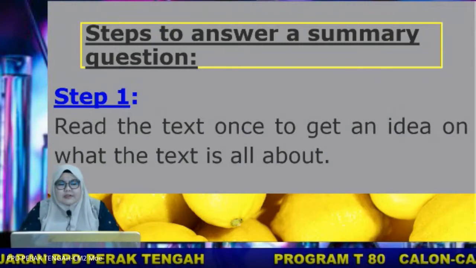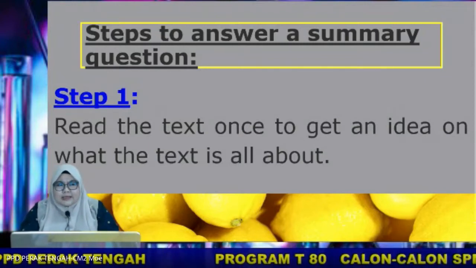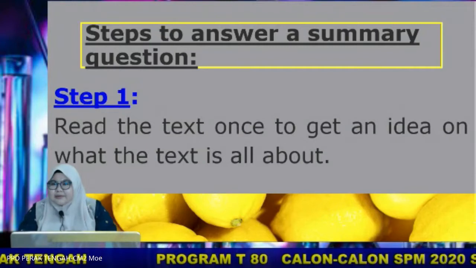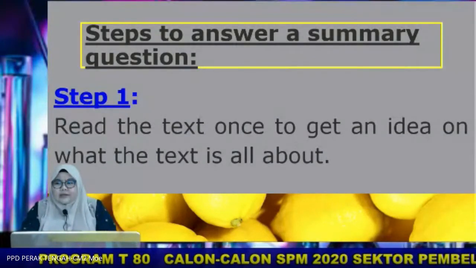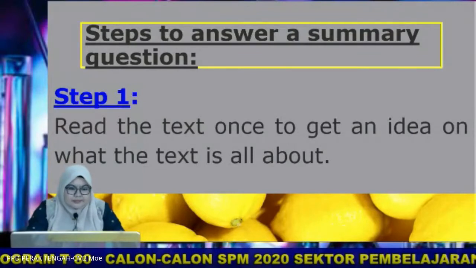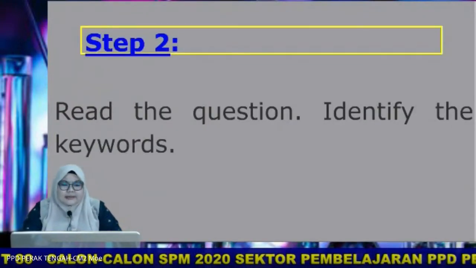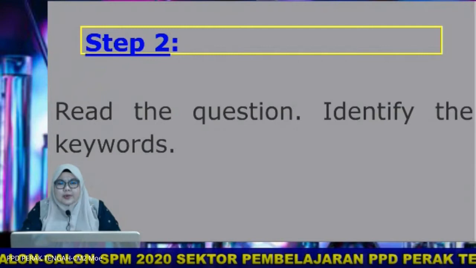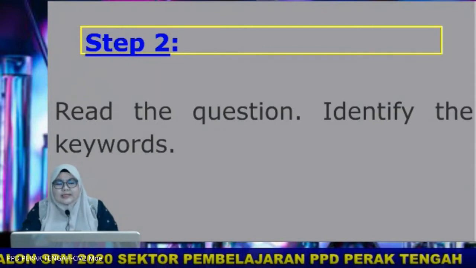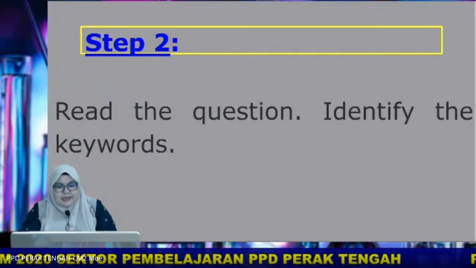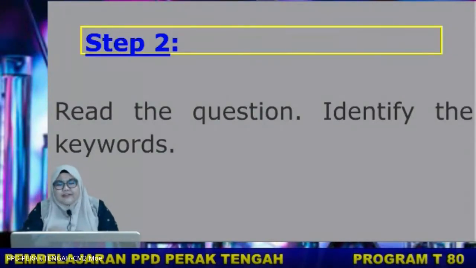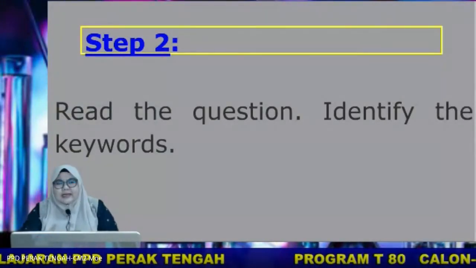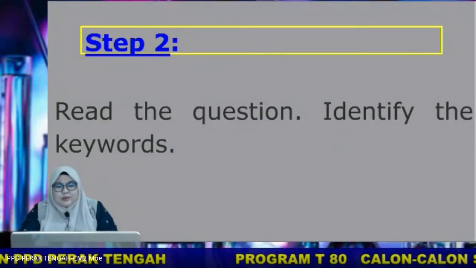It is very important for you to read to get a clear picture of what the text is about. That is step 1. And then, step 2. Read the question. What is the question for the summary? And then identify the keywords. When you have identified the keywords, you can underline the keywords, easier for you to know.